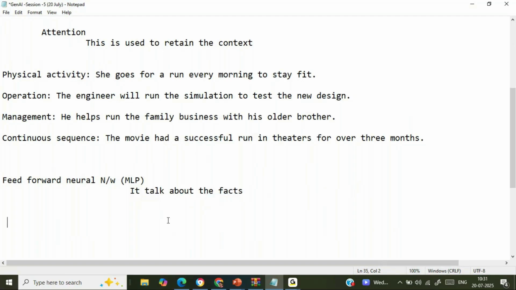Over here, this MLP came into the picture. The MLP is going to boost the weight of the correct answer from the pre-trained phase.